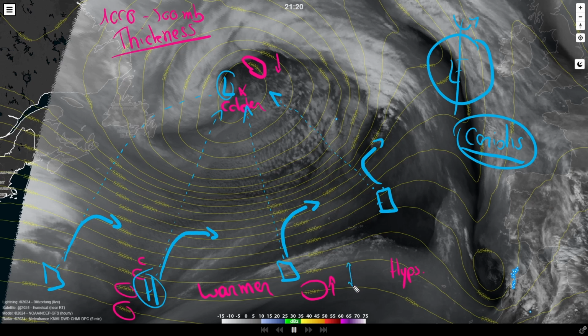These contour levels are further apart from each other than here, meaning that this portion slopes less steeply than this one. So air starts to flow from here to here slower than it moves from here to here, because of the gradient. Now you can see the same thing here. You have a warmer air mass here, you have a colder air mass here.